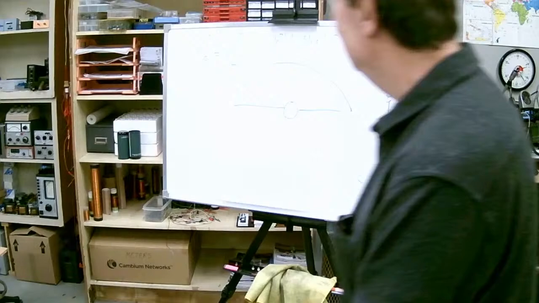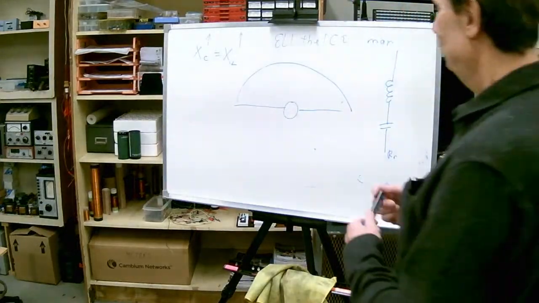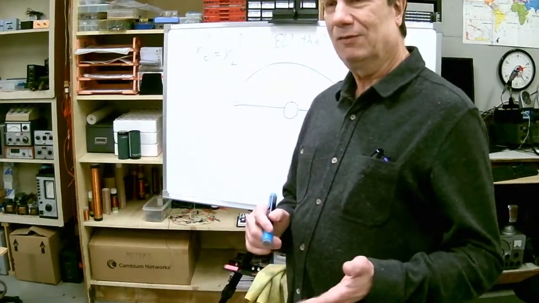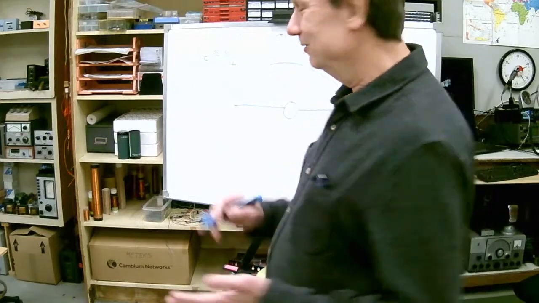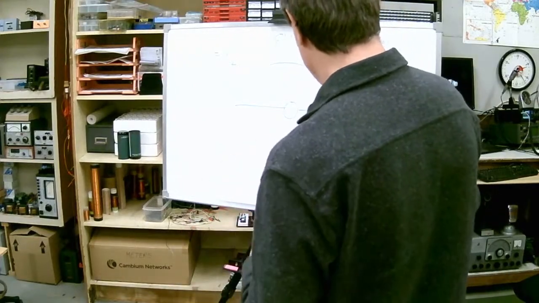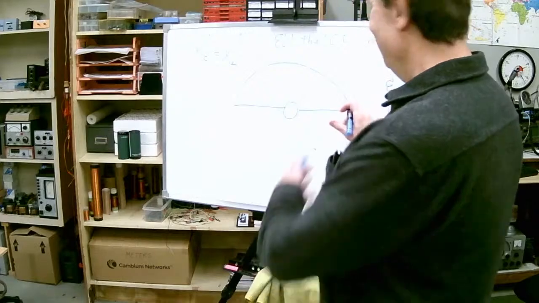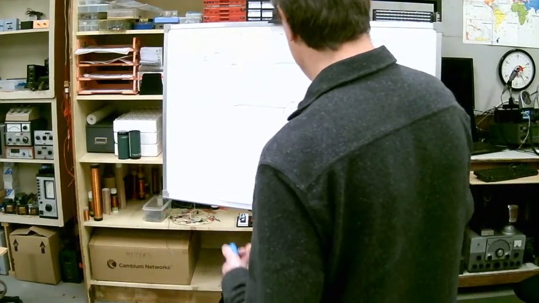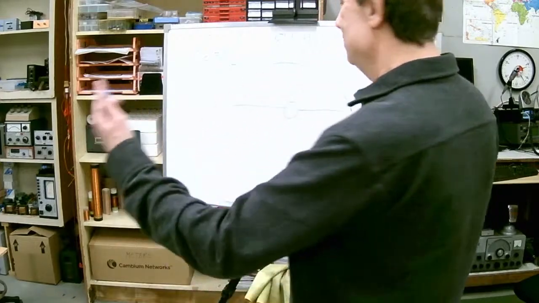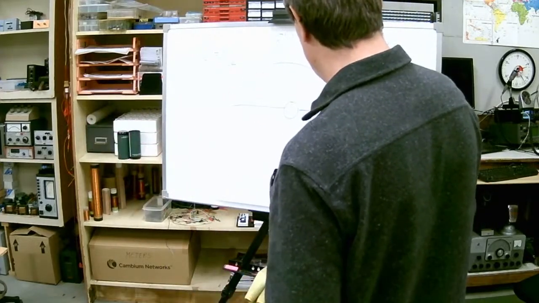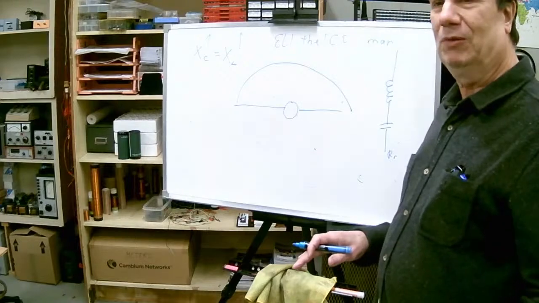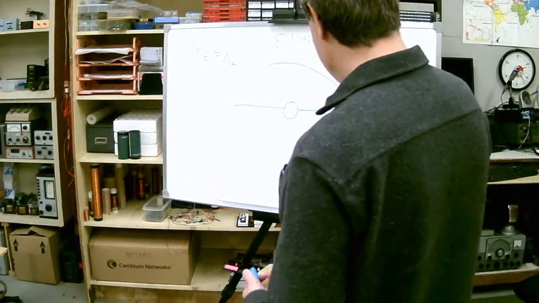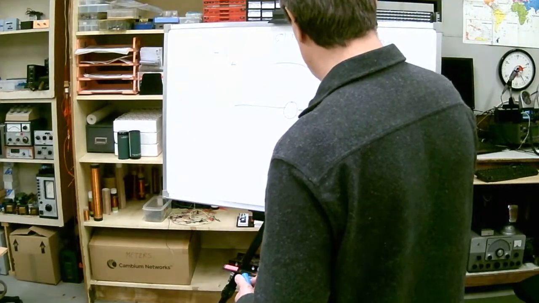In a pure reactive circuit, it's going to want to find a resonant frequency no matter what. So this current can't extend off the end there, right? If we look at the normal distribution of current here, it's going to want to go somewhere, so it's going to reverse itself this way.